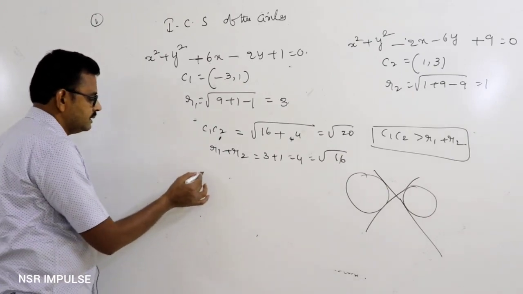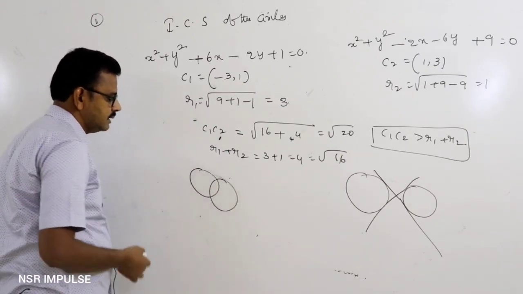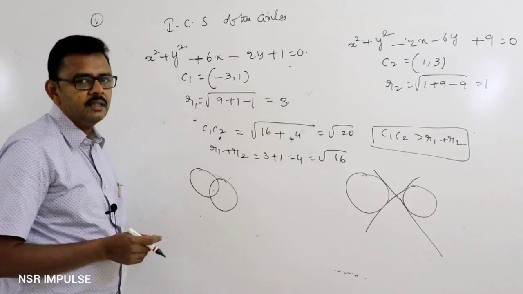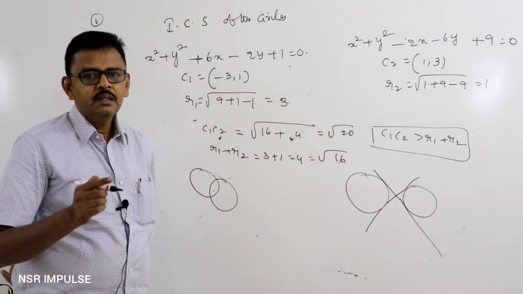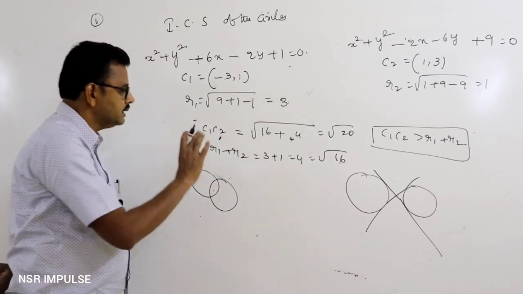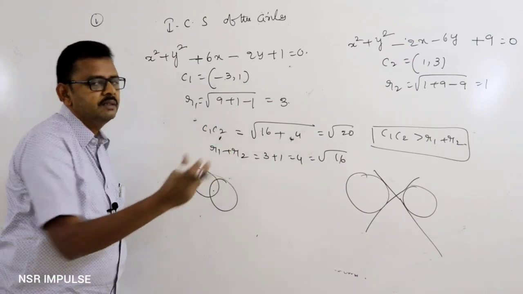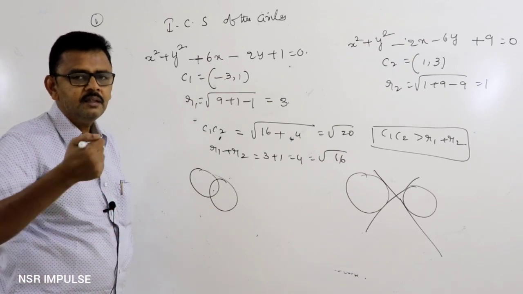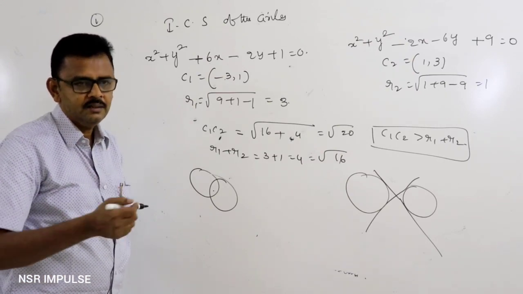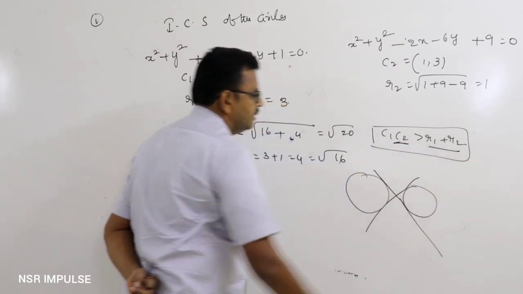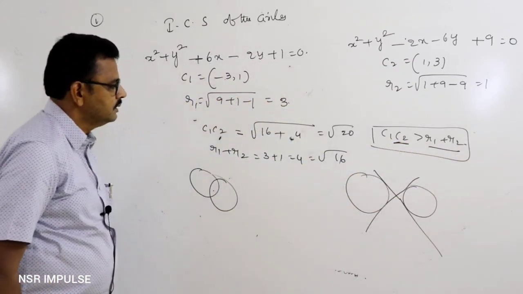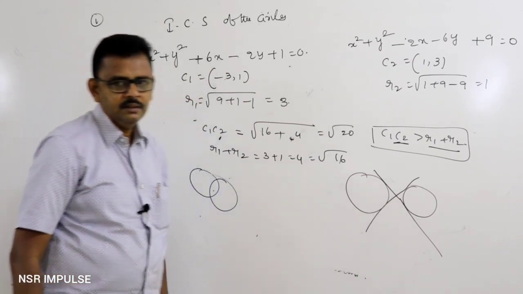If the two circles intersect each other, the internal center of similitude does not exist. That's why we have to check the nature of the circles. So clearly C1C2 is greater than R1 plus R2. Therefore, the internal center of similitude exists.